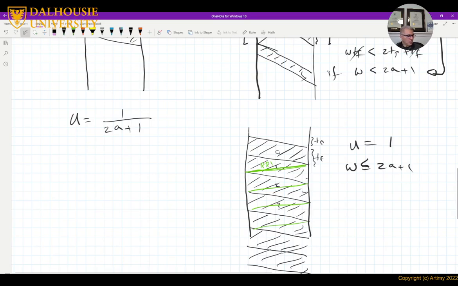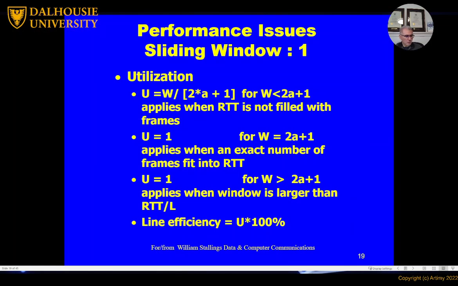And that's what was mentioned in the slides. If you can see here, for the utilization, we have two cases. The first case is when W is less than 2A plus 1, and the other is when W is greater than or equal to A plus 1.